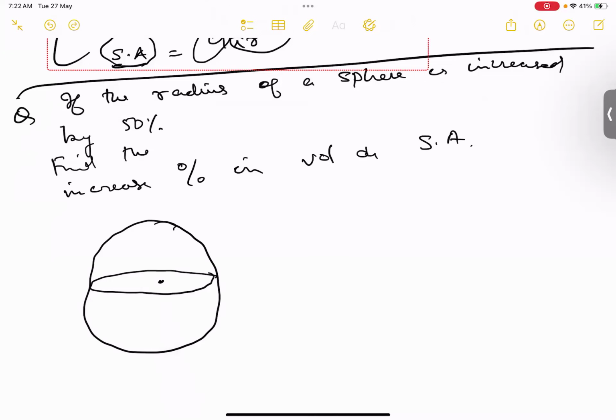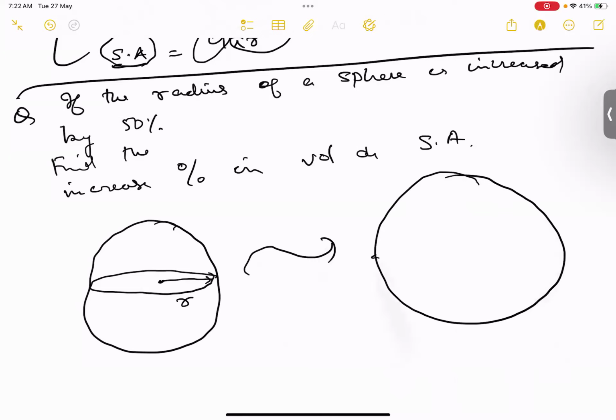We will consider the radius of the sphere as r, okay? Now this sphere is converted into another, bigger sphere whose radius has increased by 50%.